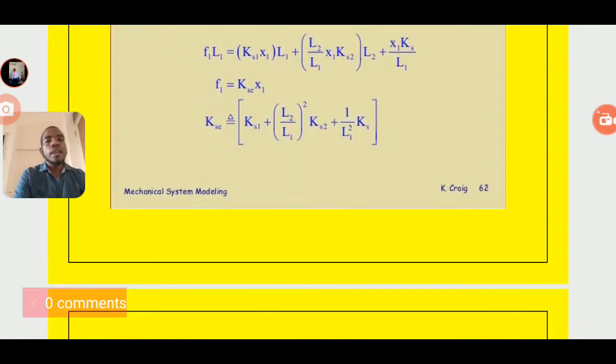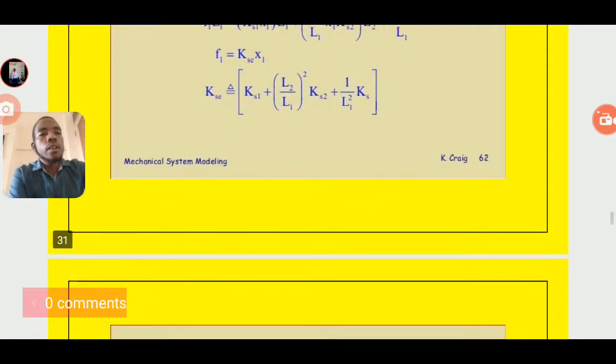So F1 L1 is equal to Ks1 x1 L1 plus (L2/L1) x1 Ks2 L2 plus x1 Ks3 over L1, which gives F1 is equal to Kse x1. Kse is equal to Ks1 plus (L2/L1)² Ks2 plus (L1)² Ks3.